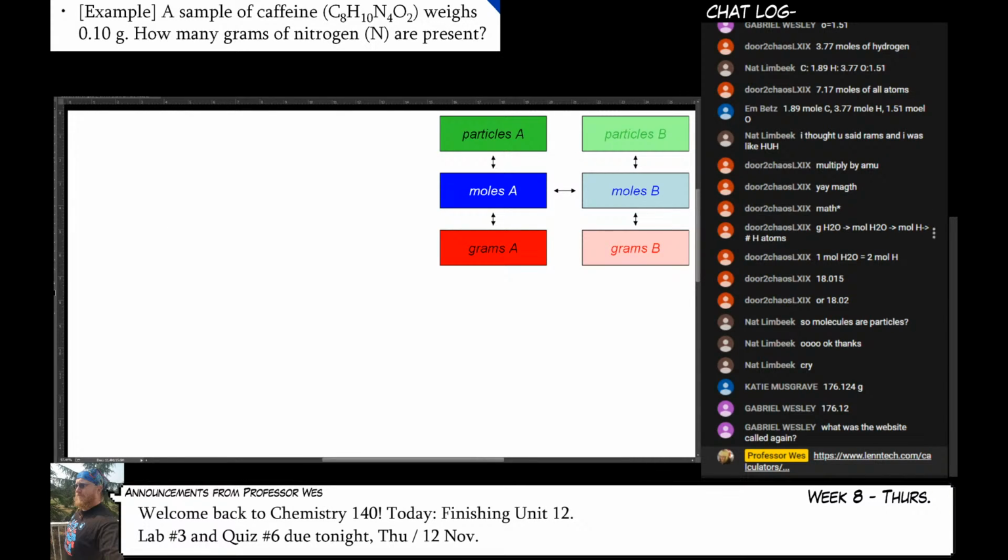All right. So, what do we do here? What is the problem giving us to work with? What is the problem asking us to solve for? And how do we get from A to B?